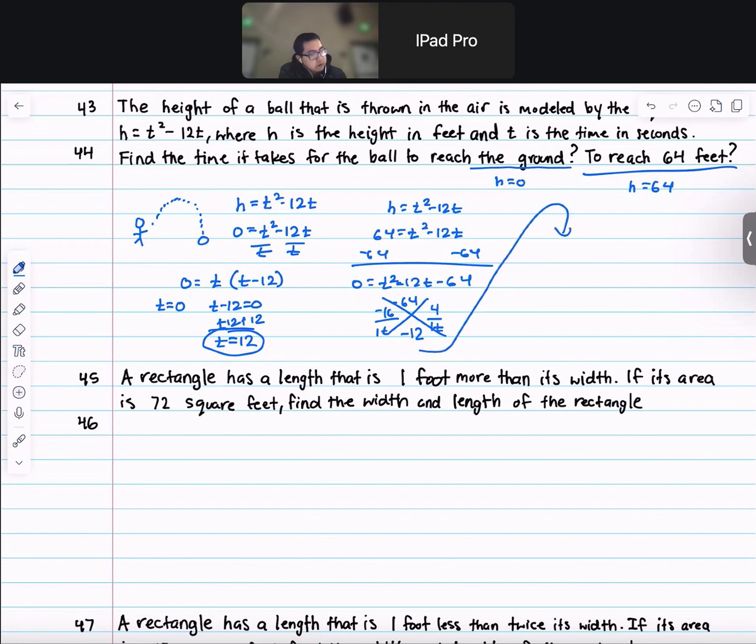So our factors are t minus 16 times t plus 4 equals 0. And when we solve, set both your factors equal to 0, right? So t equals negative 4, and t equals 16.